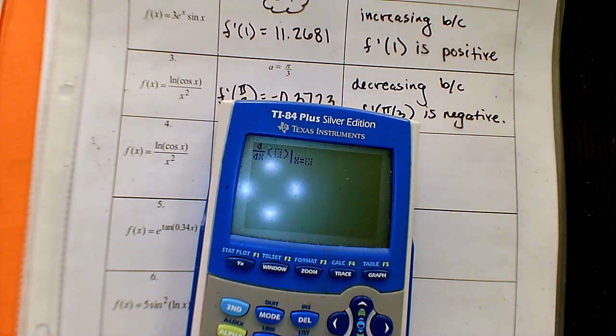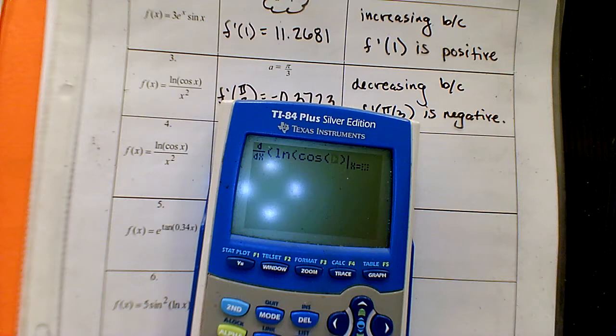But it can't get out of the cosine. It looks like parentheses don't work. It's weird, it happens to mine too. I just plugged in x to the negative 2. You could do that. So it'd be natural log cosine.